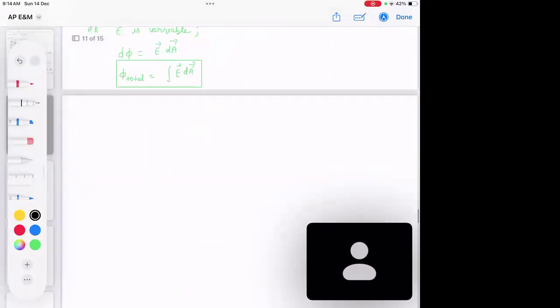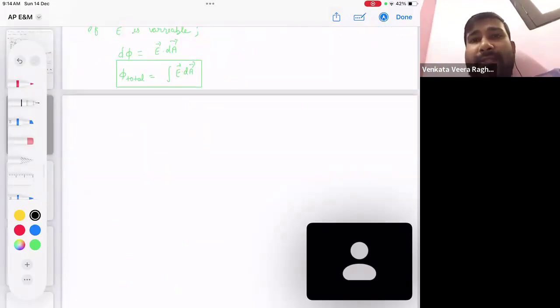Right. Let's see an example of flux calculation. In this example, what is given to us?